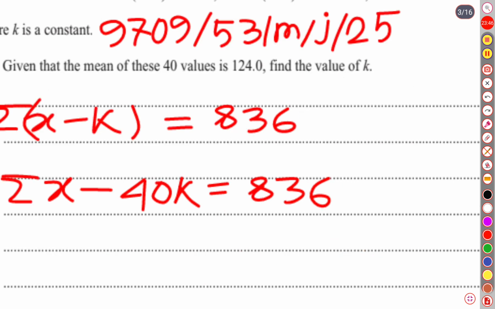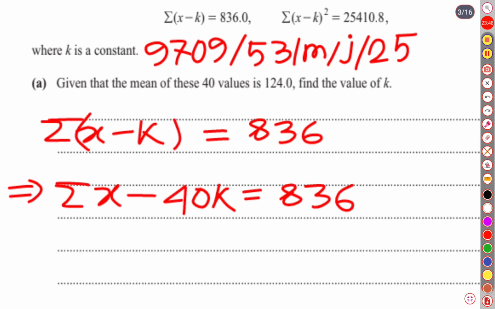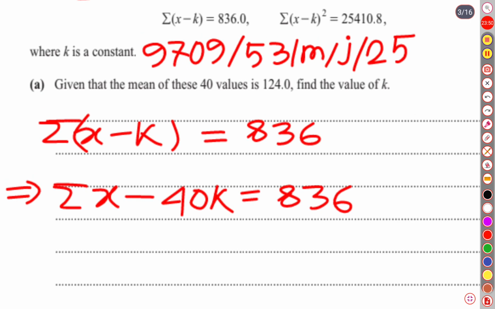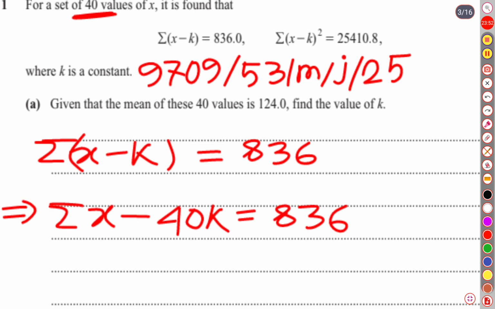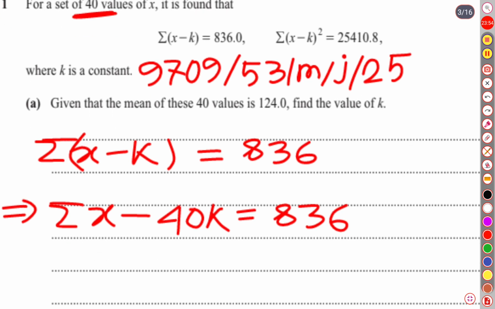Now if we simplify more, what is our sum of x? Sum of x is actually the total value of all of these 40 numbers. The mean is 124, and the total number is 40.